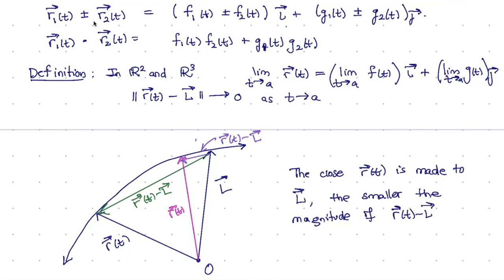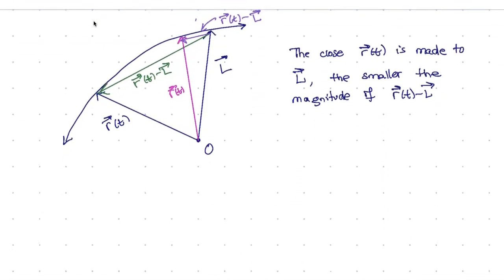And it's important that you understand that what we're describing here is the magnitude of the resultant vector between r of t minus L. This becomes essential for us to understand the concept of differentiation of vector-valued functions.